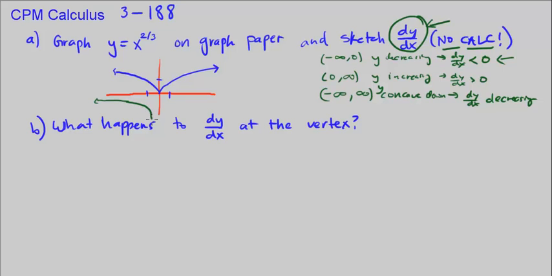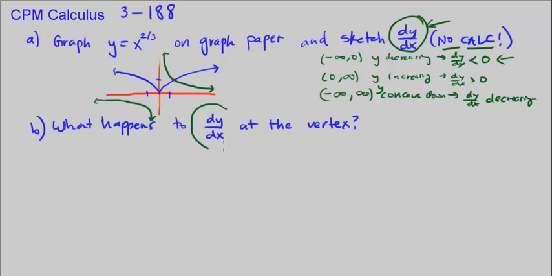Basically, we want it to go down here. It's still decreasing after we pass the y-axis, but now we're positive, we're above the x-axis. So we're going to start high and then go low. So this is what the derivative function is going to look like.